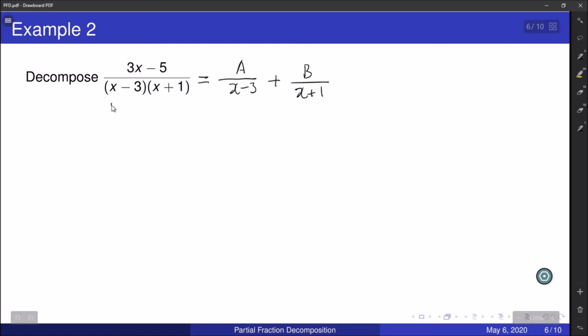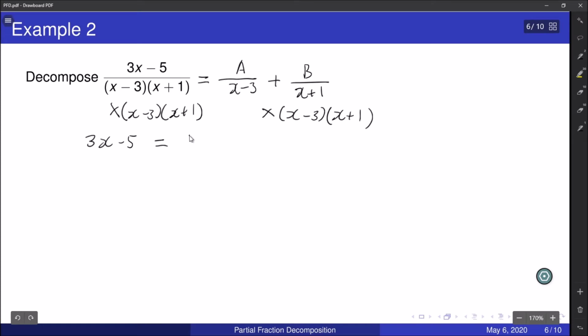Once again, the first step is always to get rid of the denominator here, and of course you do it to both sides. Now we end up with 3x minus 5 equals a times x plus 1, since x minus 3 cancels out with x minus 3, plus b times x minus 3, since x plus 1 cancels out with x plus 1.